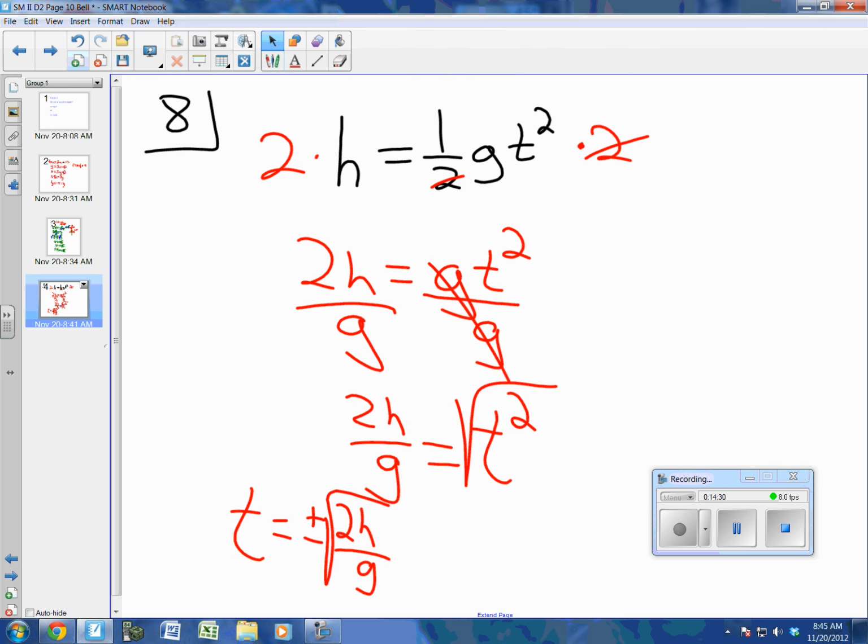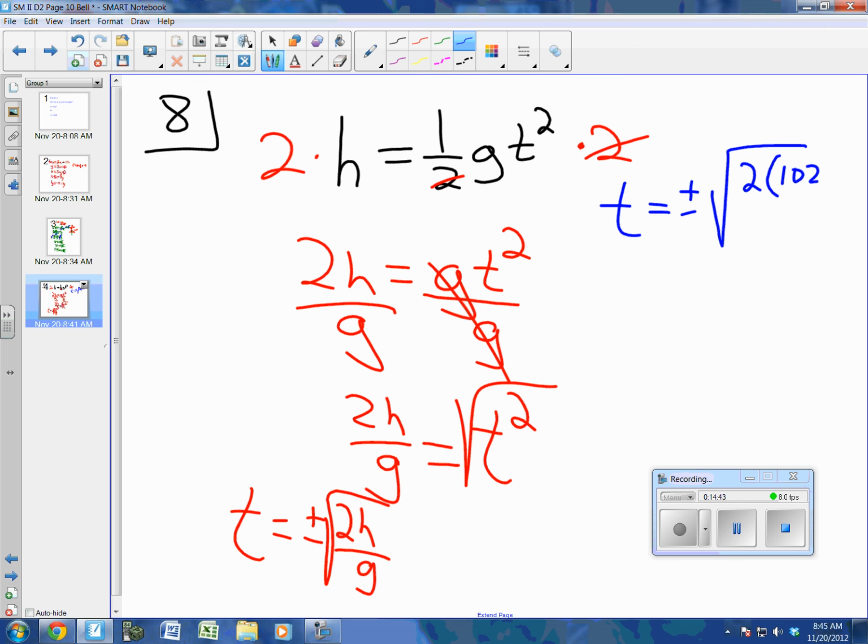We're going to come up here. We're going to go t equals the square root of 1,024, because that's what h is, divided by g. We know what g is. What is it? 32. Okay? Now, I'm going to get a positive answer and a negative answer.